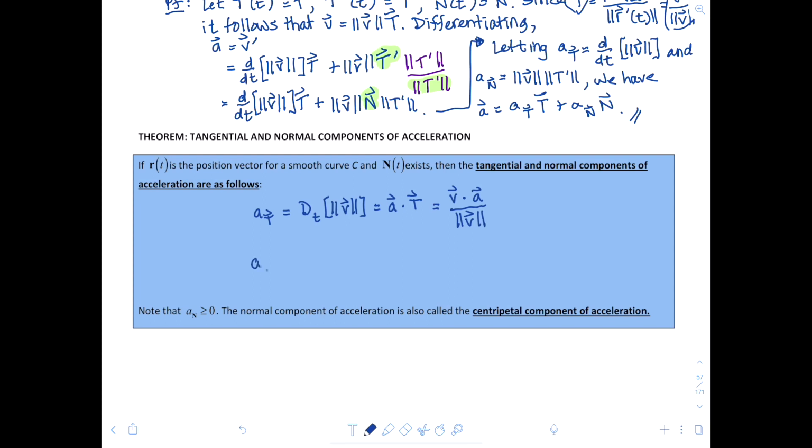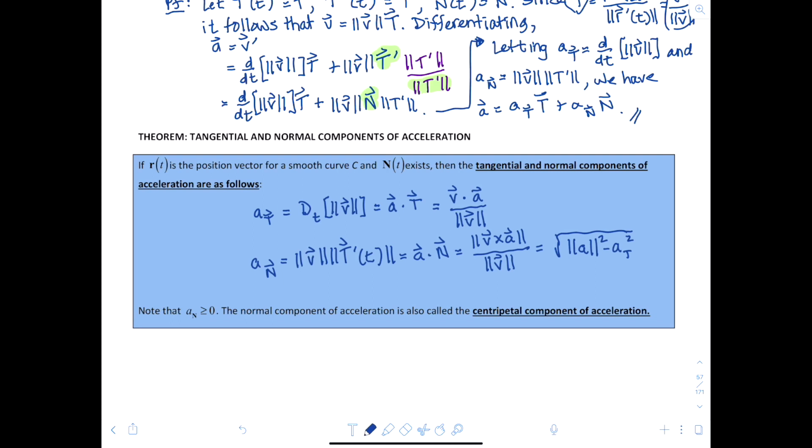A sub N is equal to the magnitude of v times the magnitude of T prime at t, which in turn is equal to a dot N, which in turn is the magnitude of v cross a over the magnitude of v, which also happens to be equivalent to the square root of the magnitude of a squared minus a sub T squared.